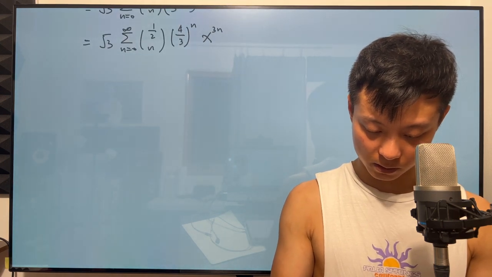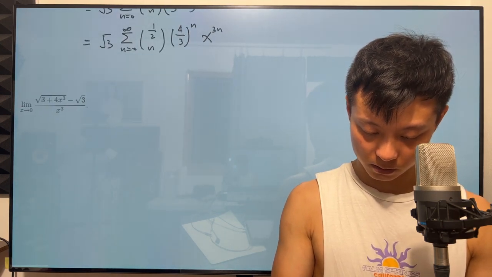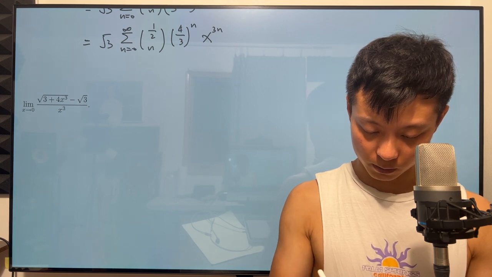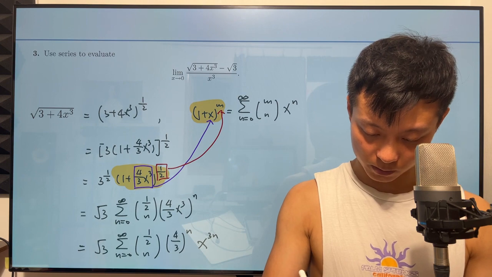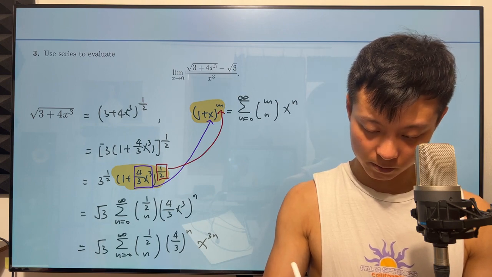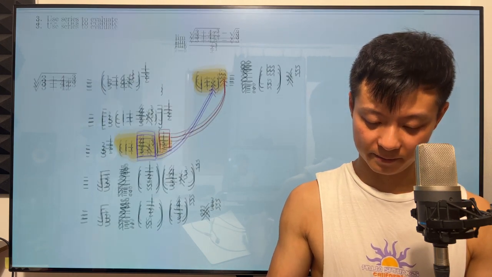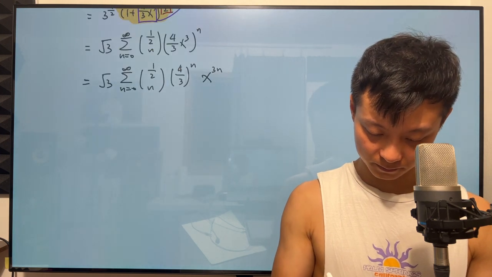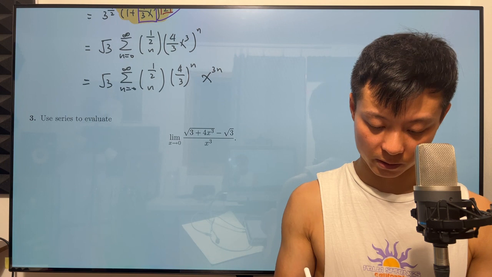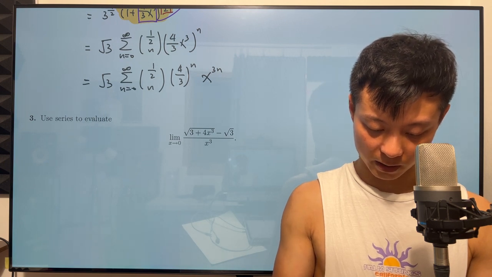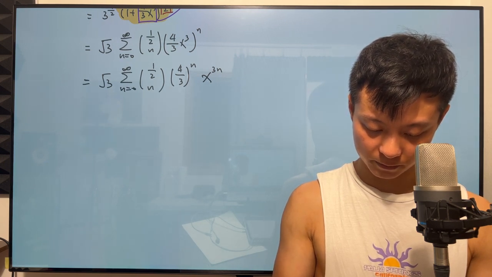I have no idea why I cannot copy this one only. Try one more time. You see that? It copies the entire thing, but I just want that one, not the entire thing. Okay.